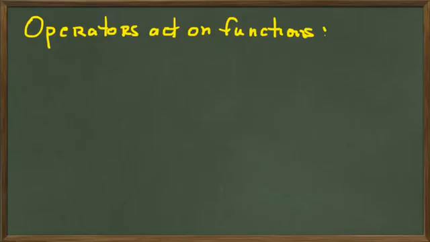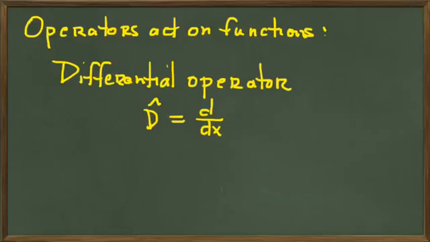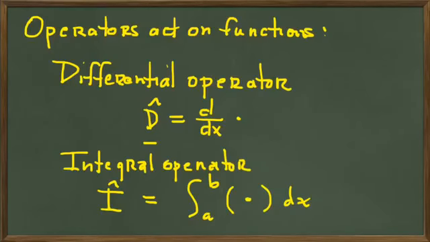But let's look at two very familiar operators before we think that operators are more abstract than they really are. So those two operators are the differential operator, which we're going to designate with a capital D and a hat over it, and the integral operator. And we'll designate the integral operator with a capital I and a hat over it.